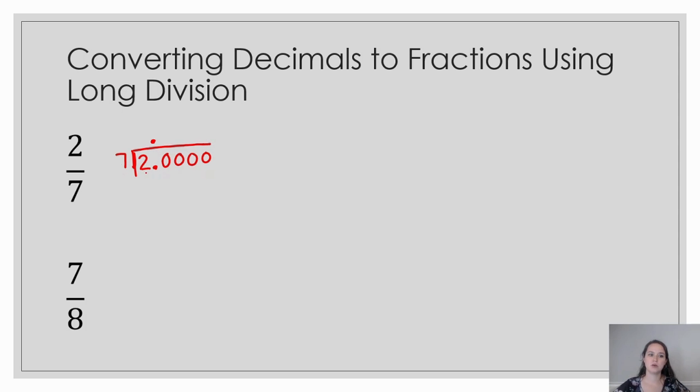So 7 goes into 20 how many times? 2. And then this is just a long division review for you here. So that's 14, 2 times 7. We're going to subtract them. So I'm going to go through this kind of quickly. 6. Bring down the 0. And then we have 8, because that's 56.